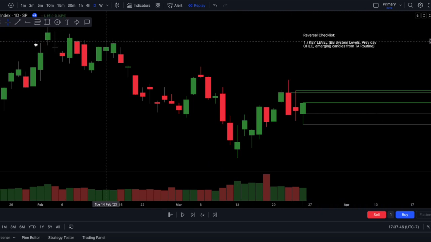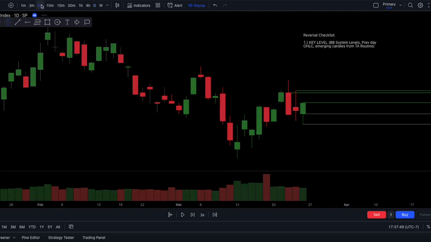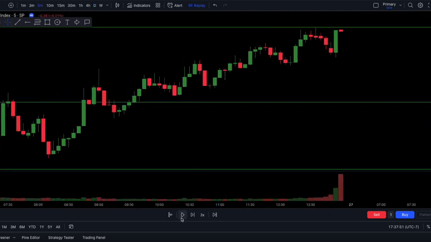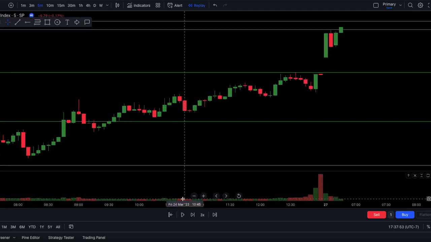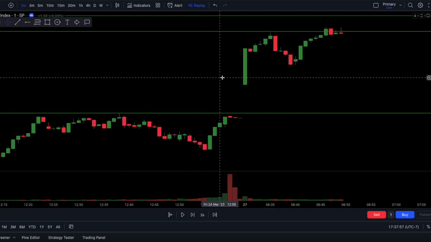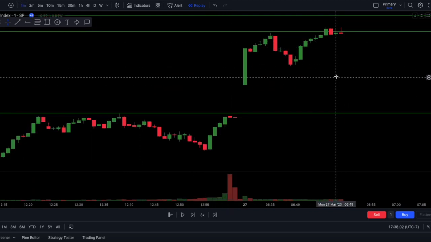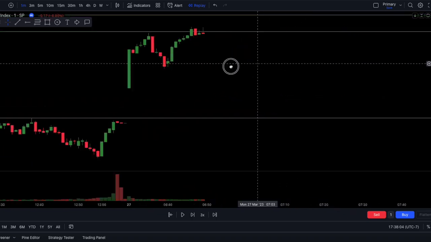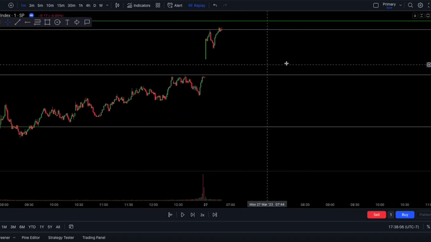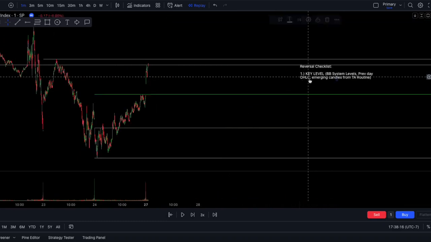And then the next thing we want to do is go down to our smaller time frames, right? We can start with the 5 minute, or let's just go to the 1 minute actually. So the next thing we want to do, I wish I had my checklist on this time frame.